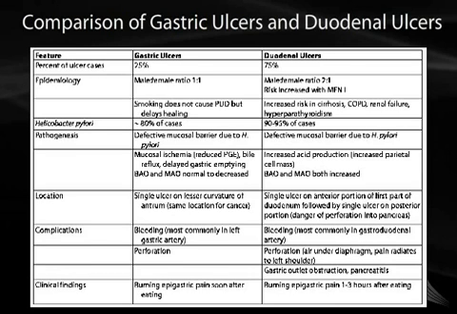Clinical findings with gastric ulcers are epigastric pain soon after eating, and with duodenal ulcers 1 to 3 hours after eating, although it can often be difficult to differentiate between the two clinically.